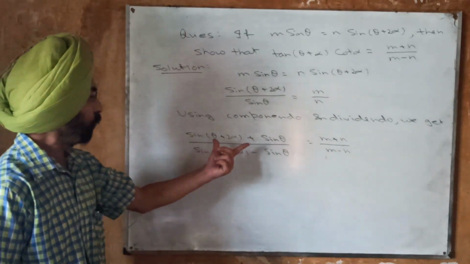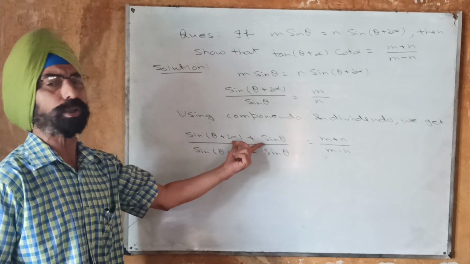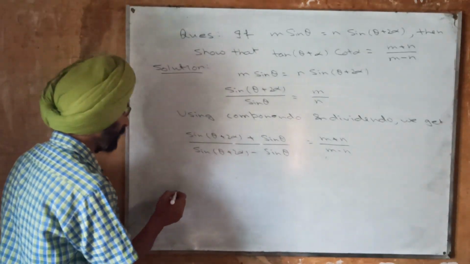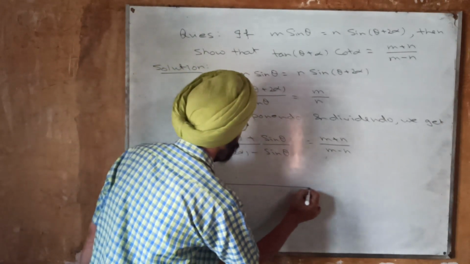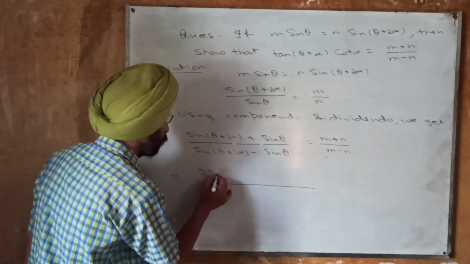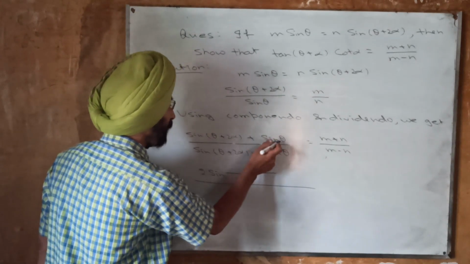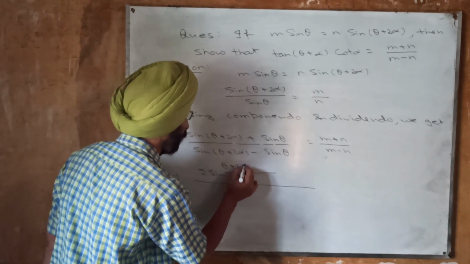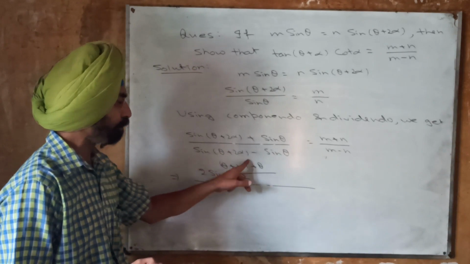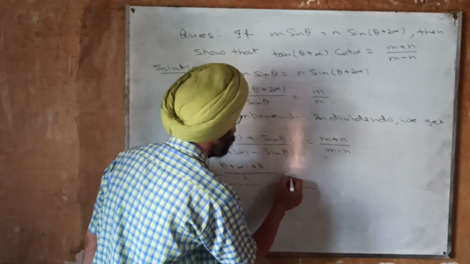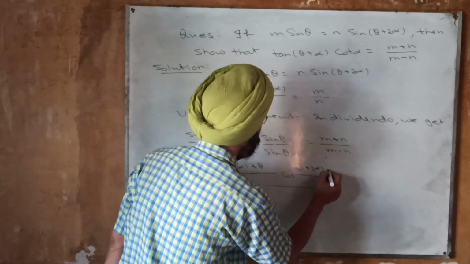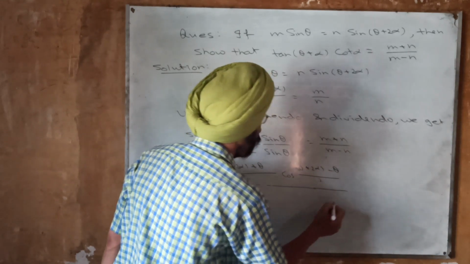Now you have sin A plus sin B, or you can say sin C plus sin D, divided by sin C minus sin D. So apply the formula for that. Sin A plus sin B is 2 sin((A plus B) by 2) cos((A minus B) by 2), that means 2 sin((theta plus 2 alpha plus theta) by 2) cos((theta plus 2 alpha minus theta) by 2).